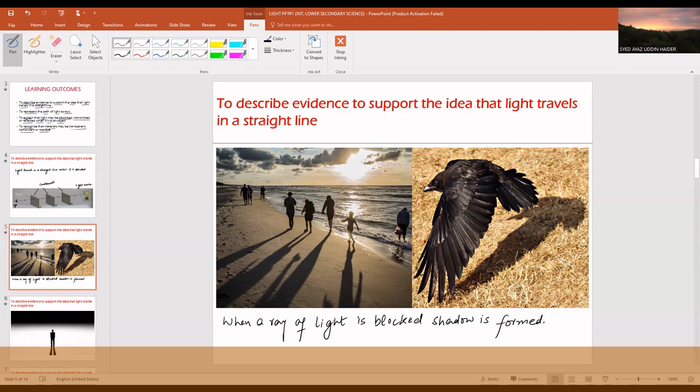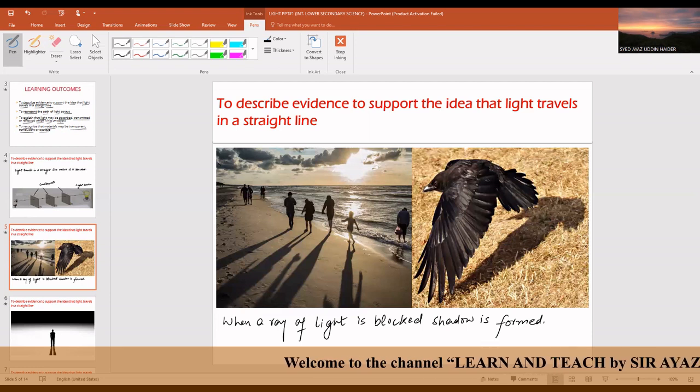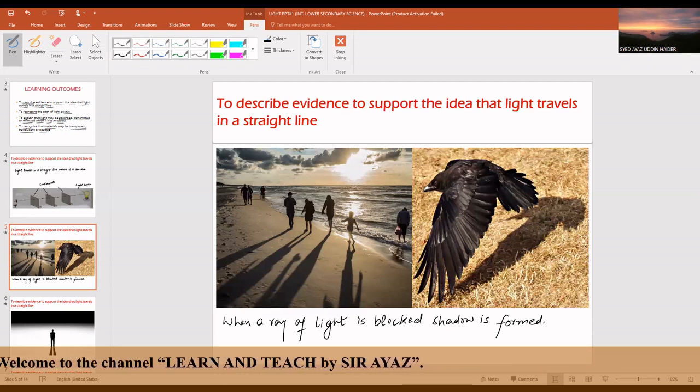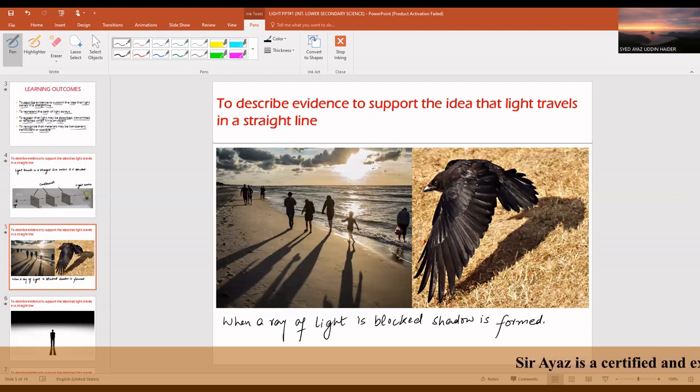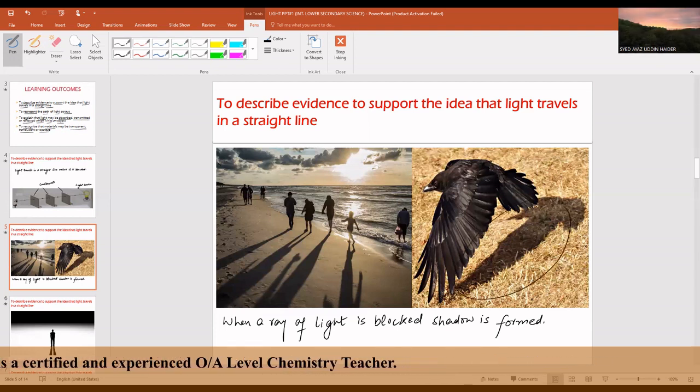On right hand side, we see the flying crow and its shadow at the bottom. And on the left hand side, we see people walking on the beach. We can see lots of shadows here as they all have blocked the ray of light. These are the shadows.